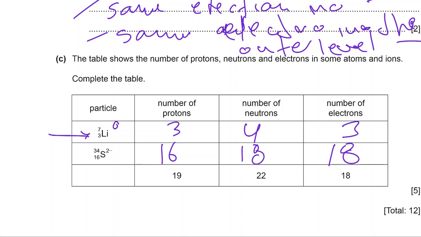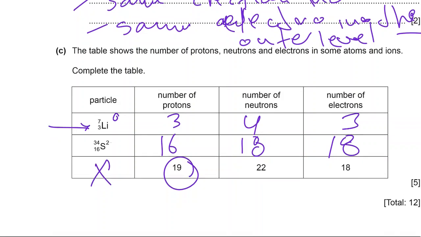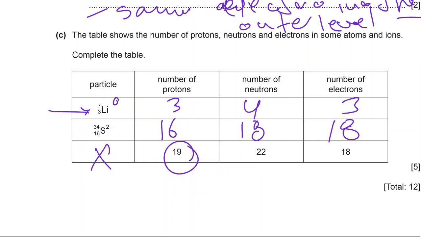And the last one, you just need to figure out which atom this is. Here we have 19 protons. Let's figure it out, X. Then you need to check which element 19 is in the periodic table. But what's the charge here? The number of electrons is less than the number of protons, so it's +1. So this one is 19, I think it's potassium.